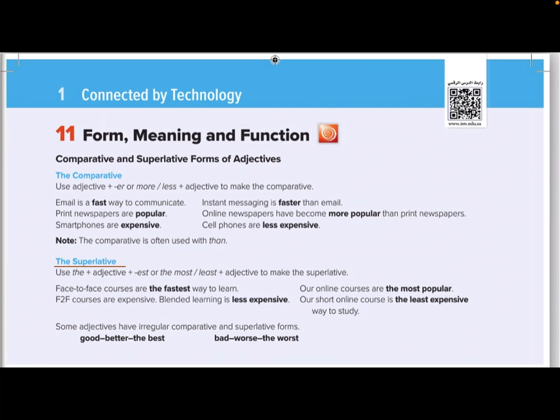So it's time to move to the second type of the comparison, the superlative. We use the superlative to compare one against a group. نستخدم superlative للمقارنة بين شيء ضد مجموعة. Now how to form the superlative?